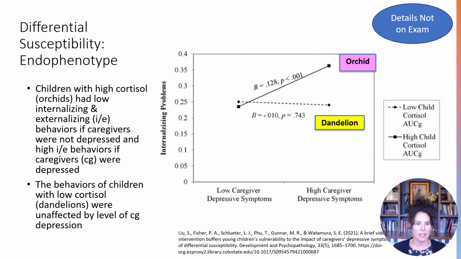So we can see that with low caregiver depression, orchids and dandelions are about the same. But then if caregivers are at higher levels of depression, this is where we see dandelions stay the same in terms of their internalizing symptoms, but orchids really increase. And so orchids are much more affected by their caregivers, and specifically their caregivers' levels of depression, than dandelions are.